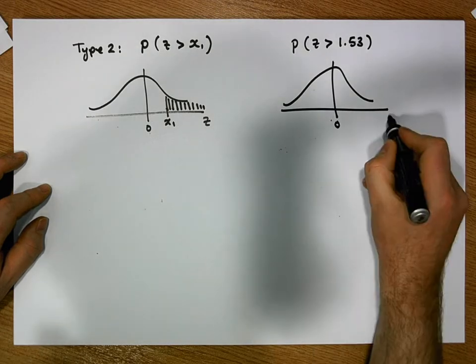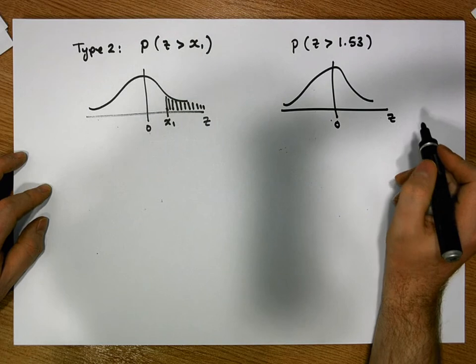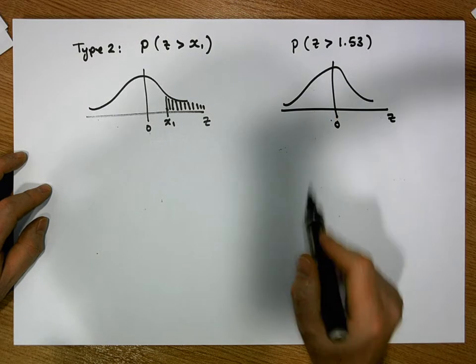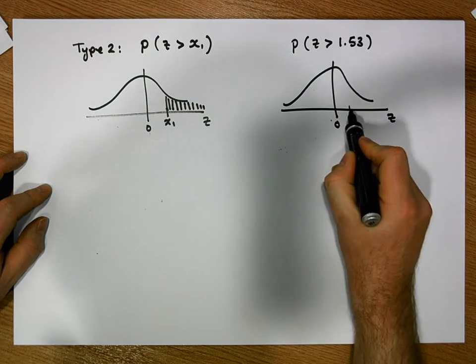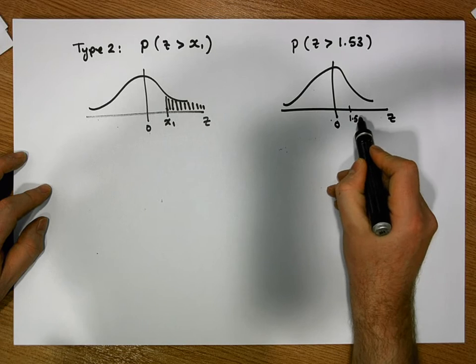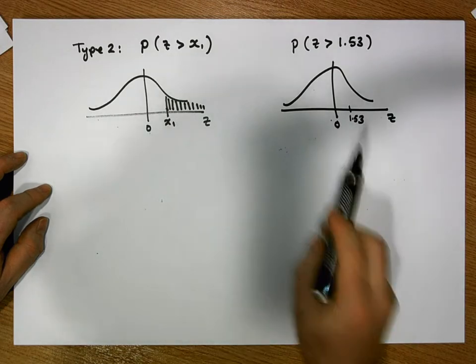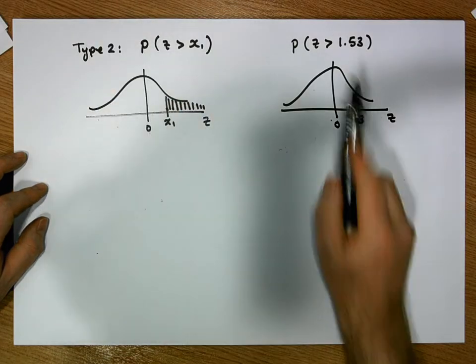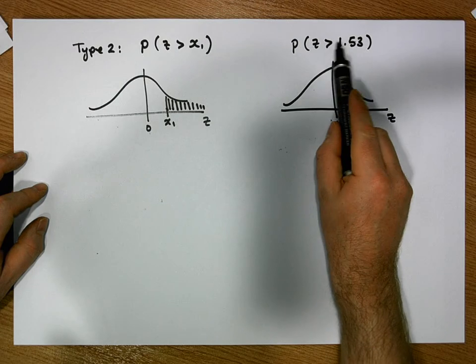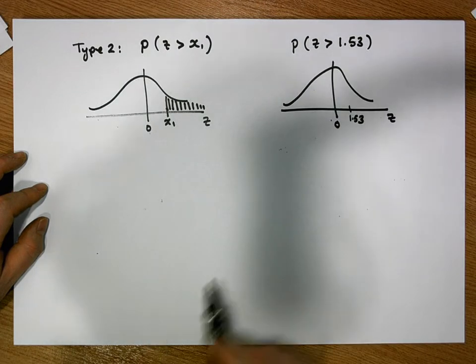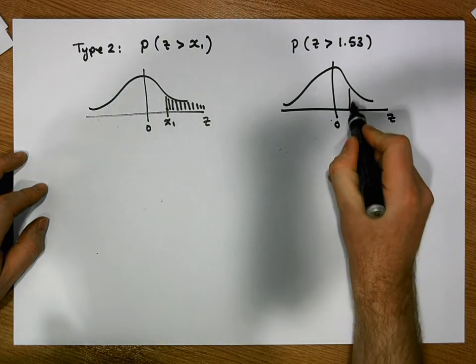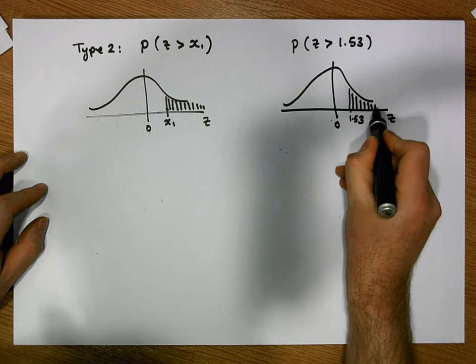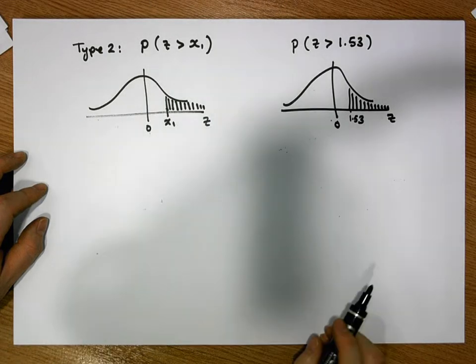The horizontal axis represents our z variable, and 1.53 is a positive value on the right hand side of 0, so 1.53 is here. Like the definition, we're interested in z values greater than 1.53, so we're interested in the calculation of the area on the right hand side of 1.53.